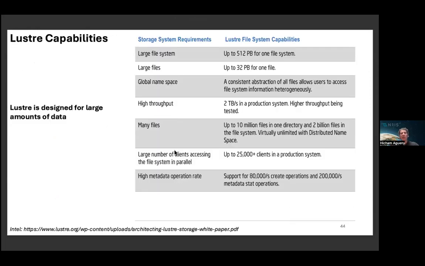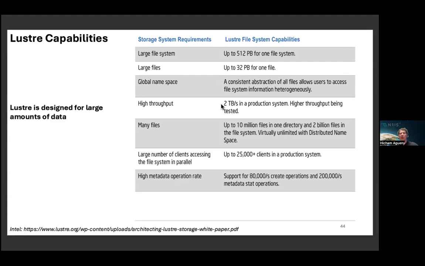I want to summarize here some Lustre capabilities. One of the features of Lustre is that it can support a file system up to 512 terabytes and a single file of up to 32 petabytes.